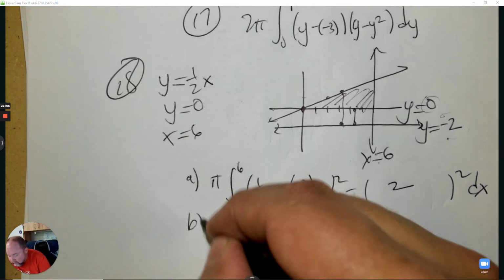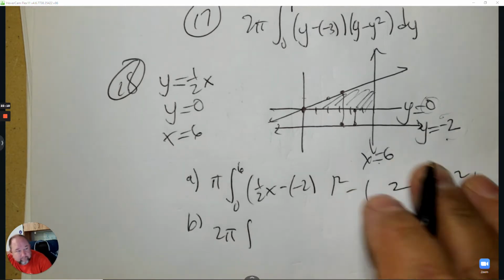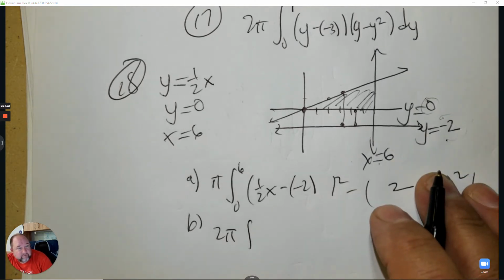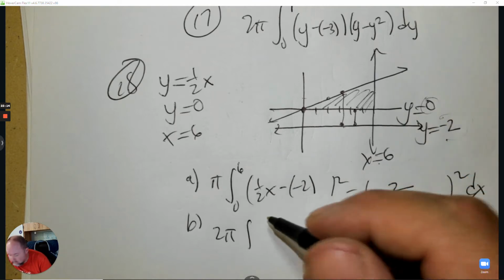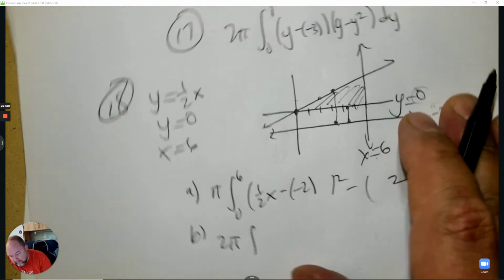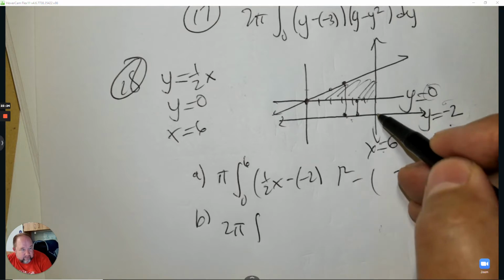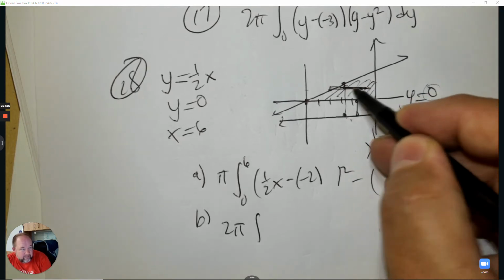Part B says use shells. And again, this is going to be in terms of the y values. So when I use shells, it's parallel to this, so you have to draw it parallel.